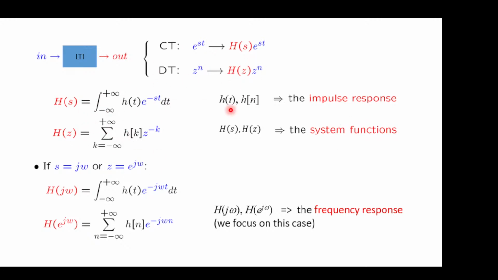Okay. And so then now there is something extra. Those up to here are what we have talked about at the start of the chapter. But now we want to say we restrict our S. So before the S was any complex number, but now we want to restrict S to purely imaginary, or Z to purely imaginary exponential, the e to the j omega.